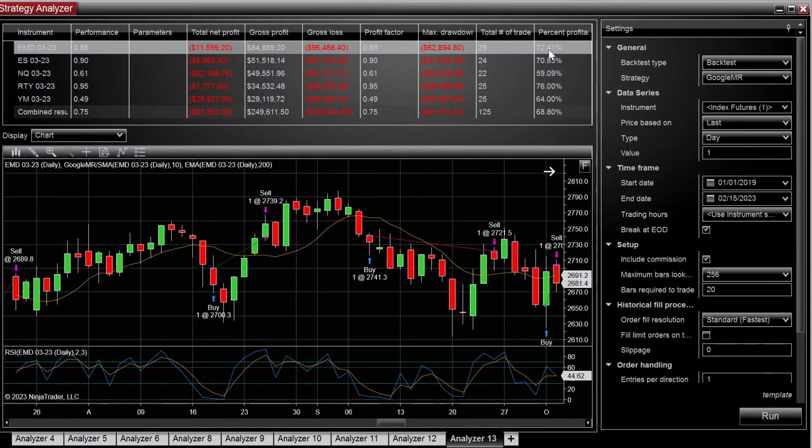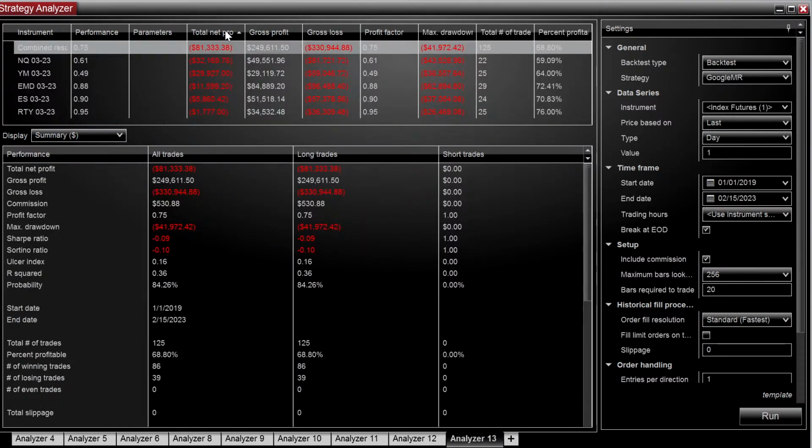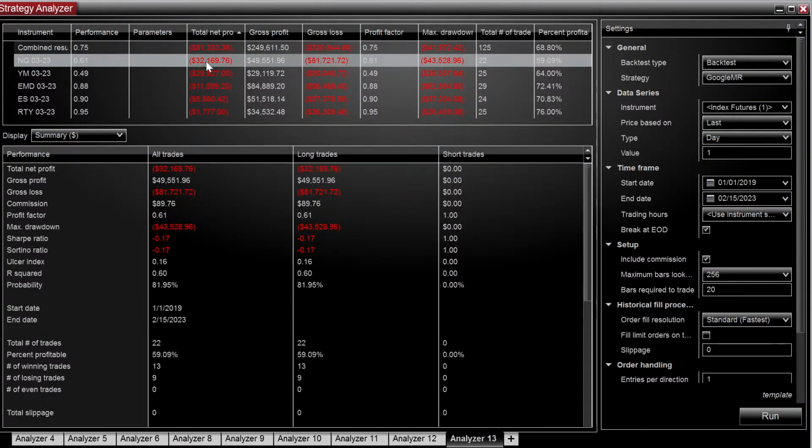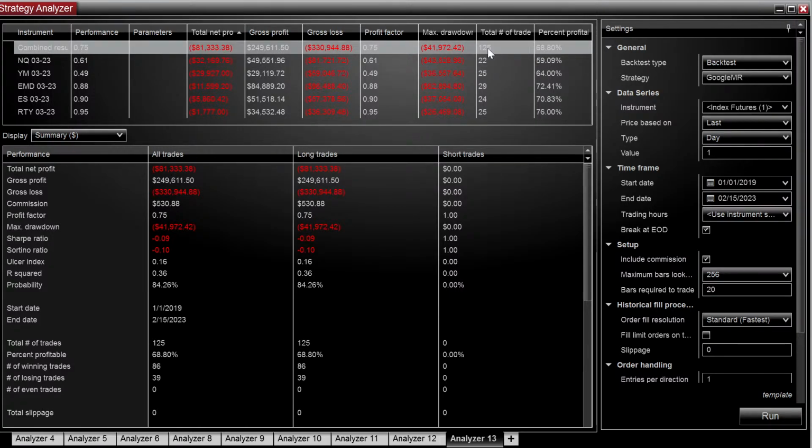On the percent profitable, our highest is on EMD, whereas on NQ it's not very long. Regardless, sample size is pretty small since we're on the daily chart.